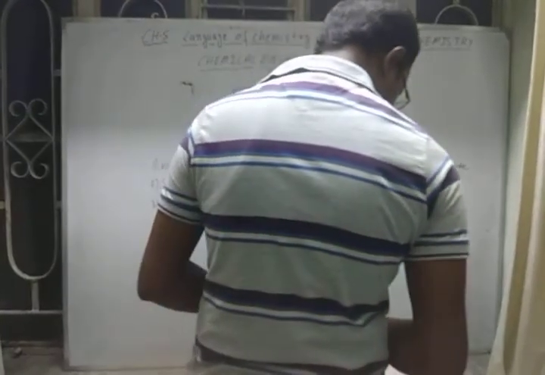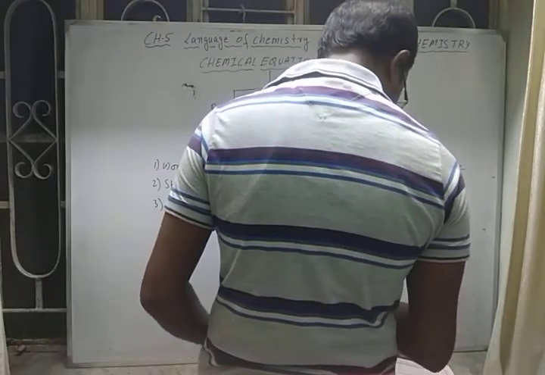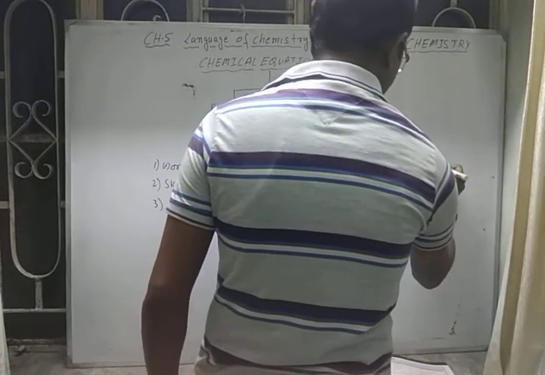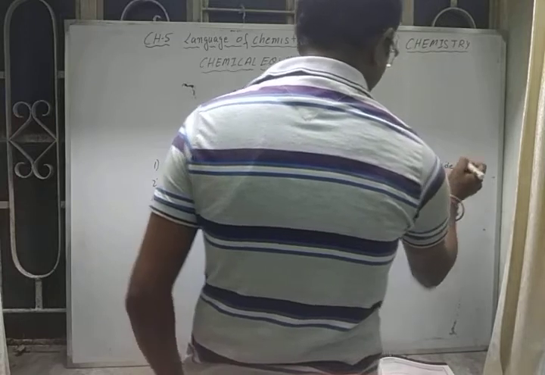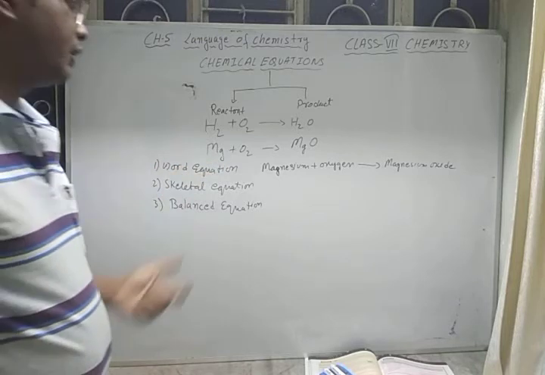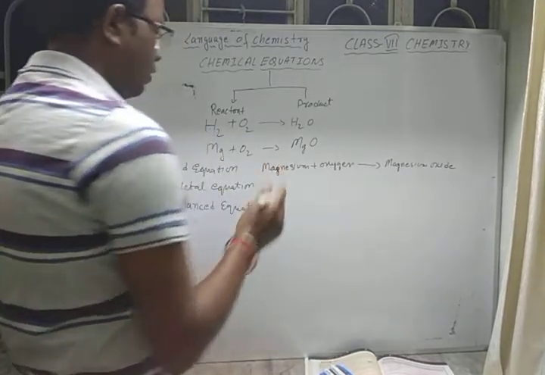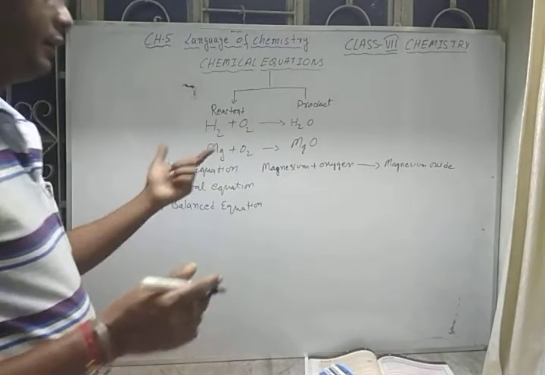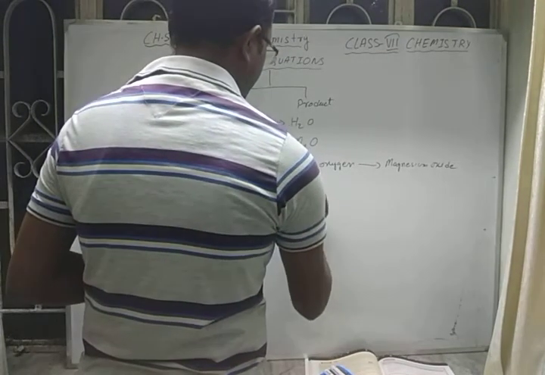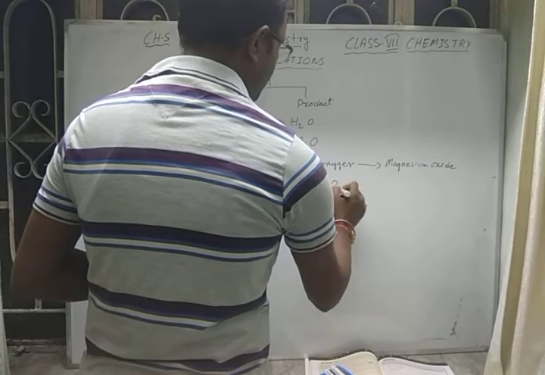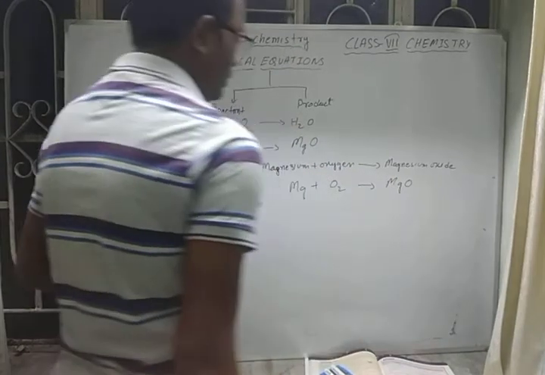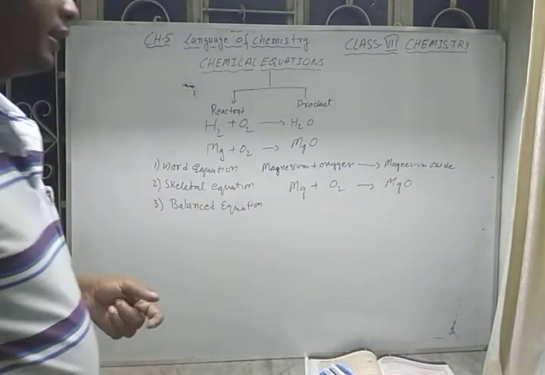Sorry, it is magnesium oxide I have to write, MgO, not dioxide. So this is called a word equation. After writing a word equation, you can write the normal formulas and symbols to write the skeletal equation, which is unbalanced. So it is Mg plus O2 gives MgO.